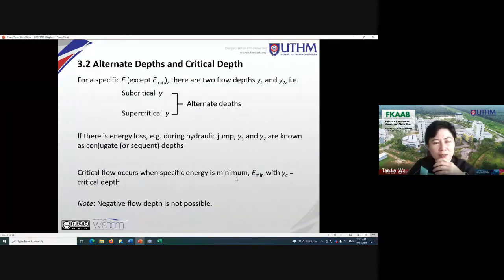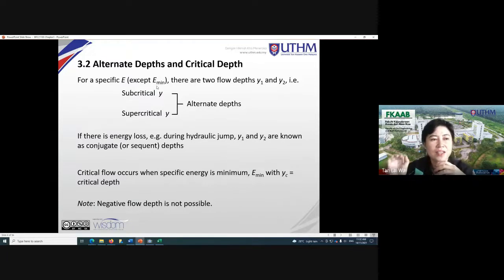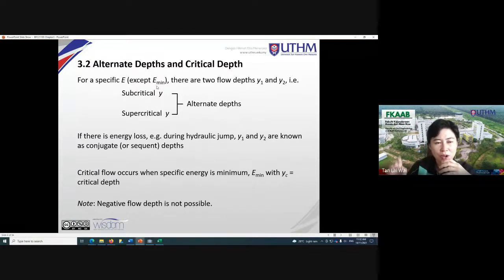Let's go back here. This will explain this slide. For a specific energy, except for minimum specific energy, there are two depths of flow, Y1 and Y2.